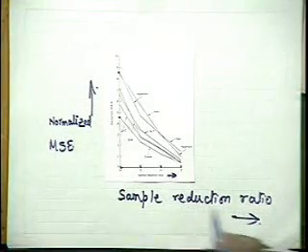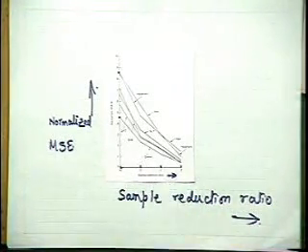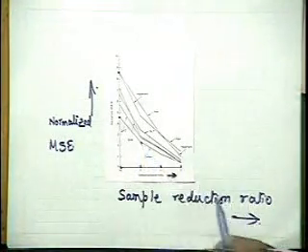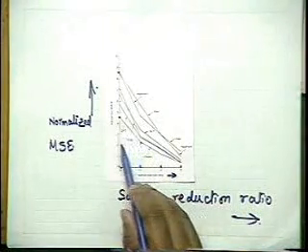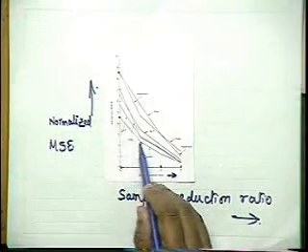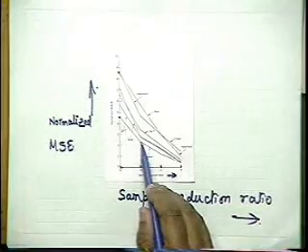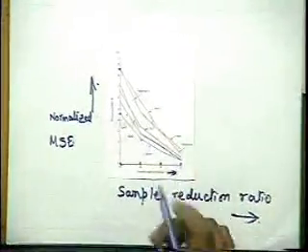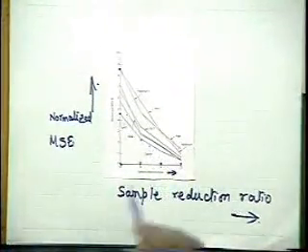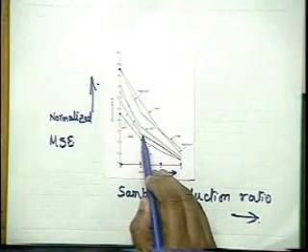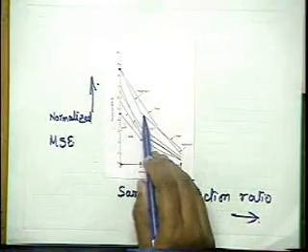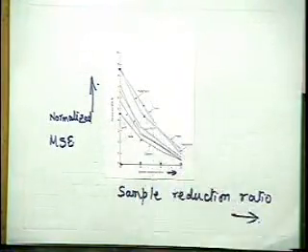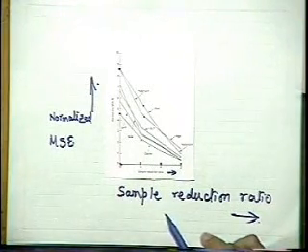When the sample reduction ratio is 8:1, already for the cosine and the KL transform, the normalized mean square error has come down to 2%, whereas the other transformations, the slant transforms, the Hadamard transforms and the Hart transforms, are on the higher side.